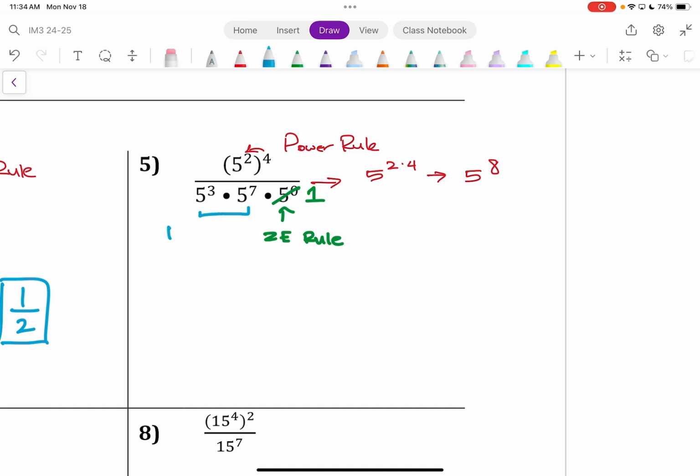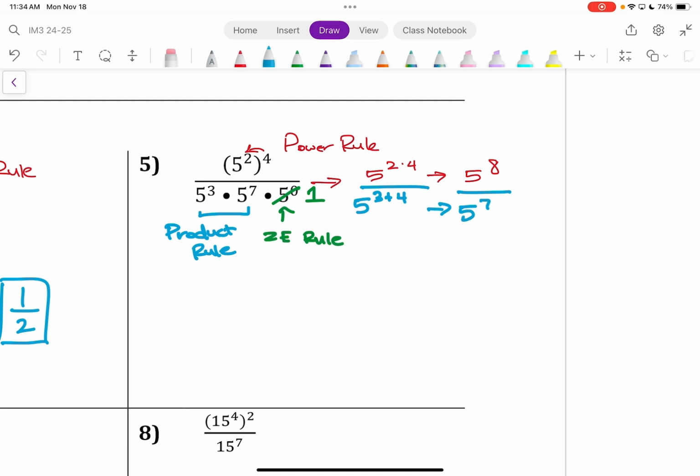This I can use the product rule on. We are multiplying the same base. Therefore, we can do what with the exponents? We can add them together. So this becomes 5 to the 3 plus 4 power, which becomes 5 to the 7th.